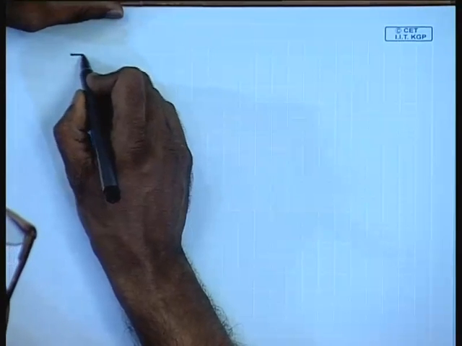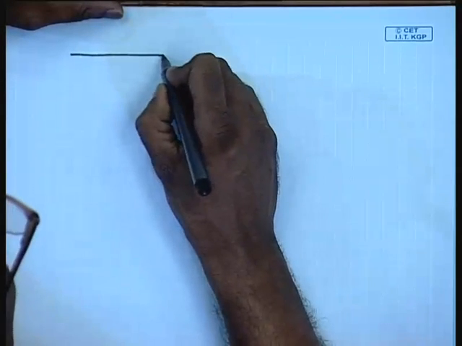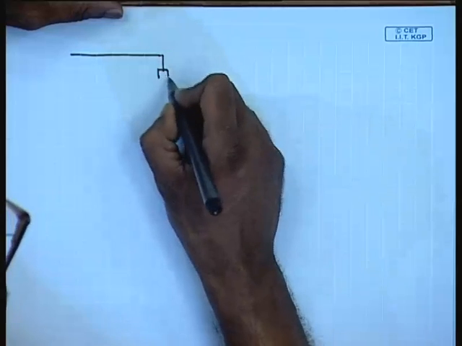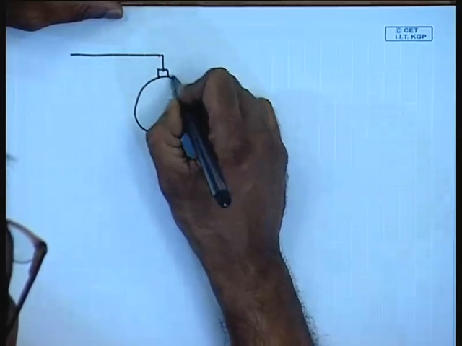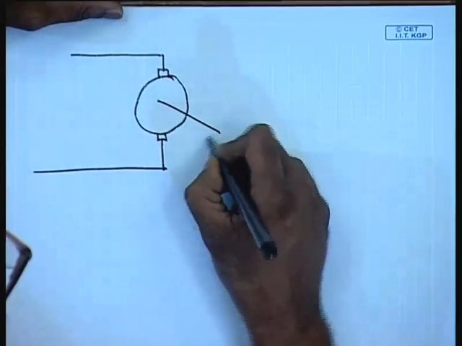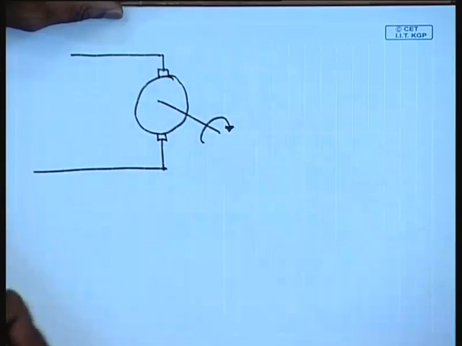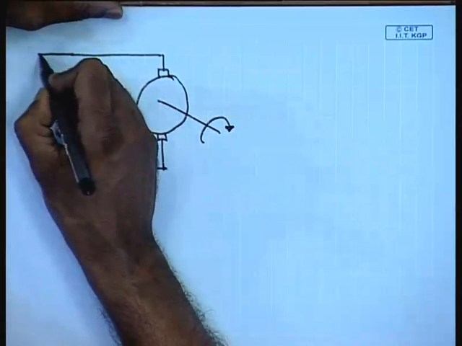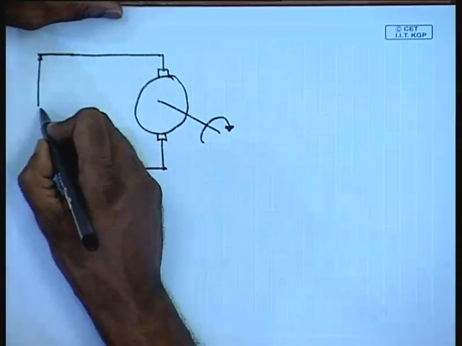For this, the machine will be run as a generator using a prime mover at some constant speed, and its terminal voltage will be measured.